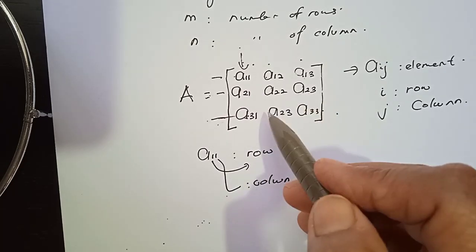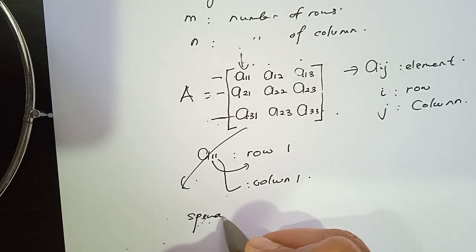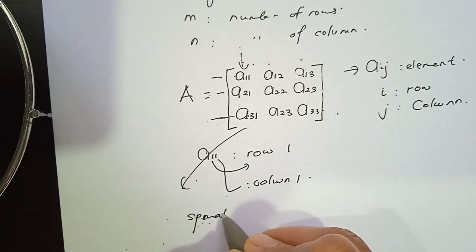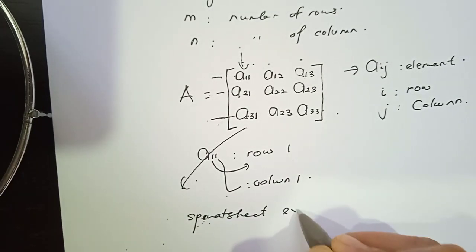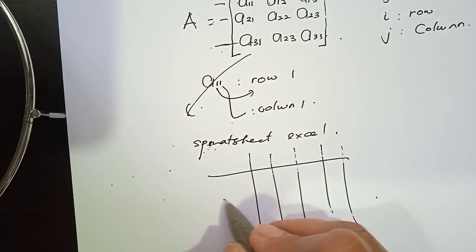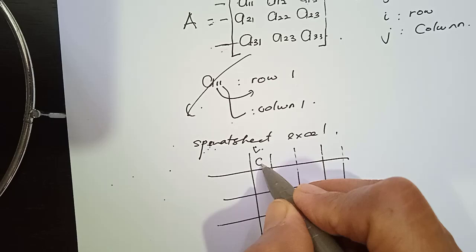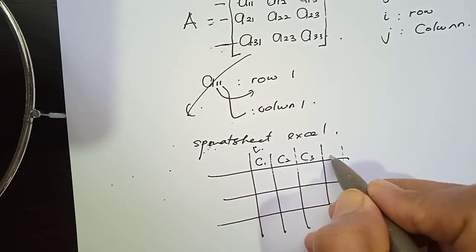Normally we can find this in a spreadsheet in Excel, where we input data regarding column 1, column 2, column 3 and so on.